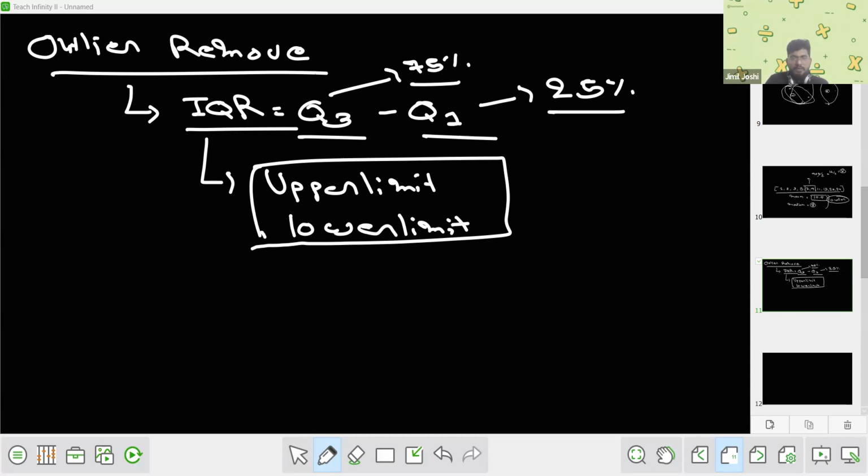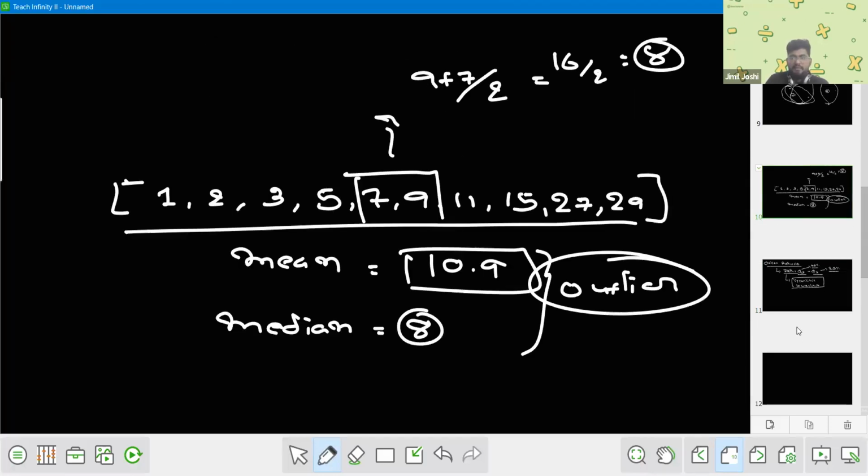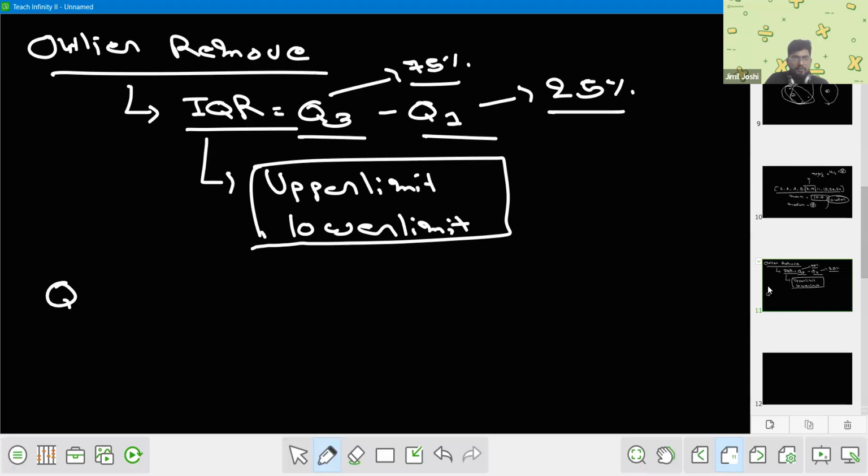See, for Q3, we'll do something like this to find the value, and then you will do the same thing for Q1 as well. The formula is very simple.